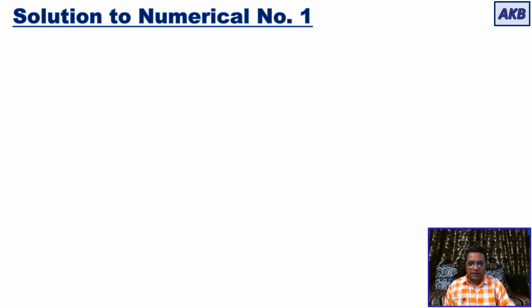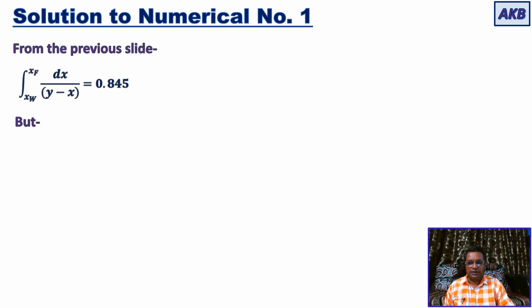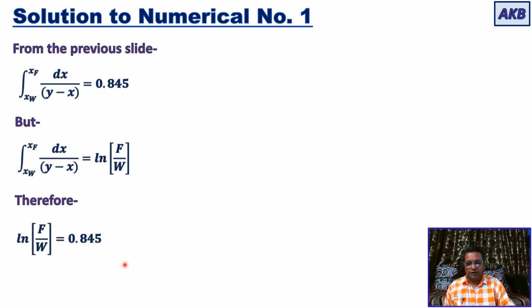Now let us use Rayleigh's equation. We have got the integral, and according to Rayleigh's equation, the integration from xw to xf of dx upon y minus x is equal to ln of f by w. We now know the value of the integral. So you have ln of f by w is equal to 0.845.